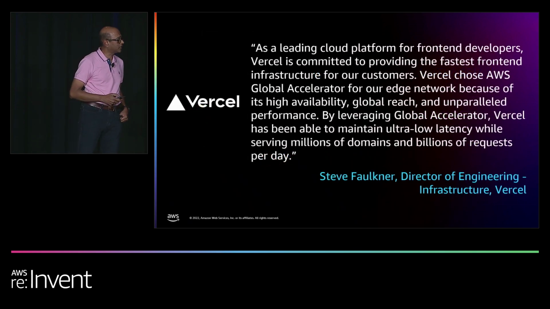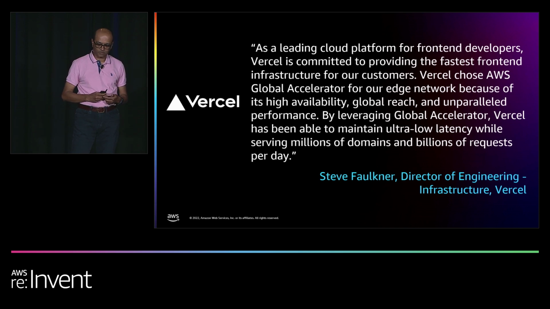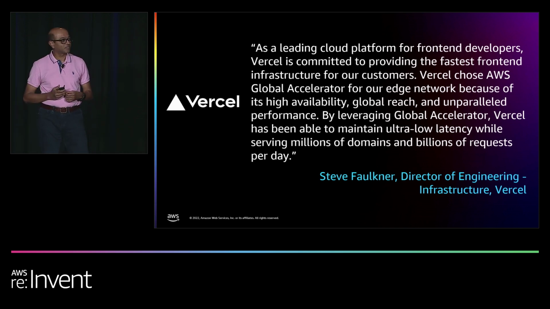So Vercel is a leading cloud platform for front-end developers, and they've been able to innovate for their customers by leveraging Global Accelerator for their edge network to maintain ultra-low latency while serving millions of domains and billions of requests per day. So many thanks to Steve and to the Vercel team for your partnership here.